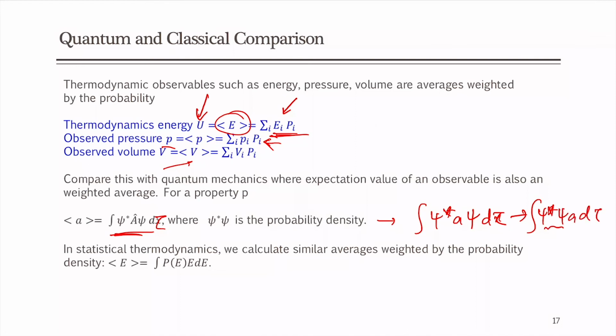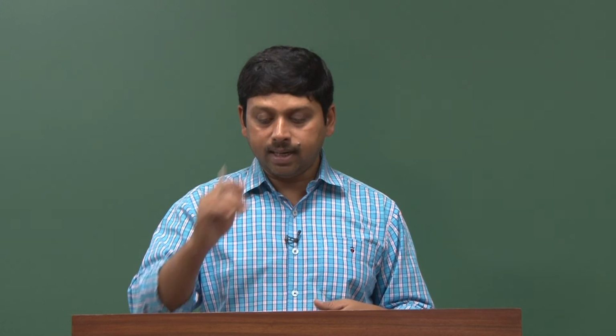So, psi star psi is the probability, just like our p_i here, and A is the property, just like our E here. You see here also, what we are essentially doing is calculating the average values weighted by the probability density psi psi star, which is nothing but this probability. Just like in quantum mechanics we get the expectation value from the probability distributions, we similarly get expectation values based on the number of microstates and their energy values.